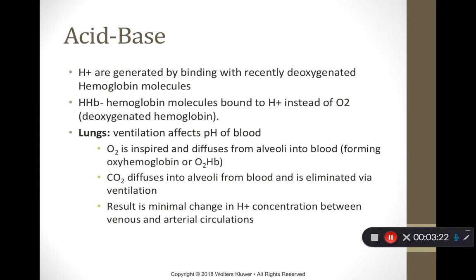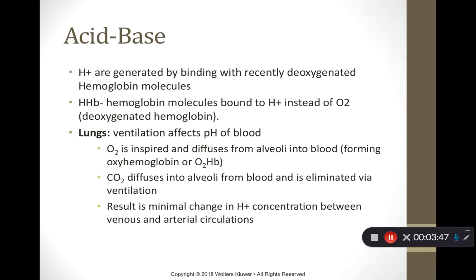Okay, so that's the chloride shift. So hydrogen ions are generated by binding with recently deoxygenated hemoglobin molecules. HHb is deoxygenated hemoglobin. So it is a hemoglobin molecule that is bound to hydrogen instead of oxygen.